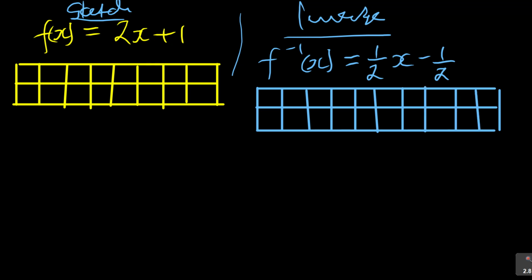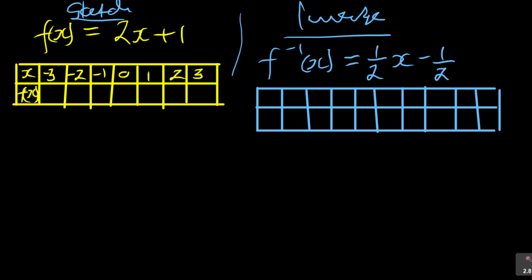If I start with the first one, this is my x, this is my f of x. Let's say minus 3, minus 2, minus 1, 0, 1, 2, 3.